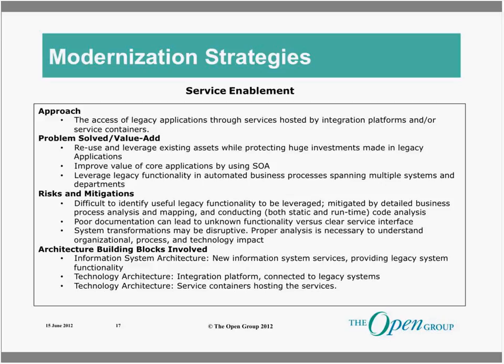The problems that could be faced during the transformations are documented, for example, reusing and leveraging existing assets while protecting the huge investment made in legacy applications, and the value of core applications by using SOA. Legacy functionality in automated business processes spanning multiple systems and departments.